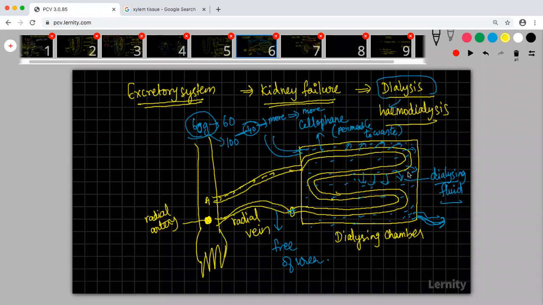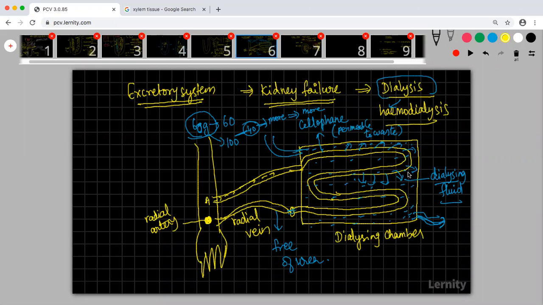How to find out if you have a kidney stone? You have to take an X-ray and see. If you're having any abdominal pain, they will suggest you take an X-ray. In an X-ray, the stones can be seen very clearly. Depending on the size of the stone, the treatment can be given.